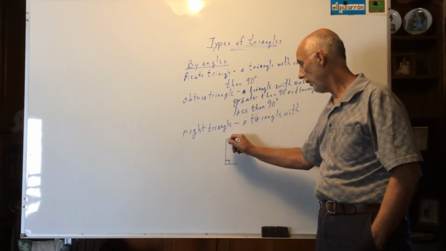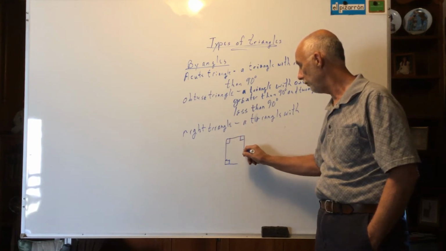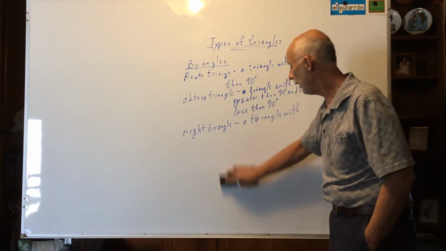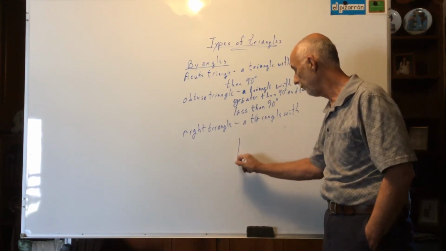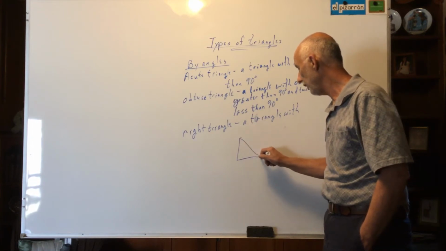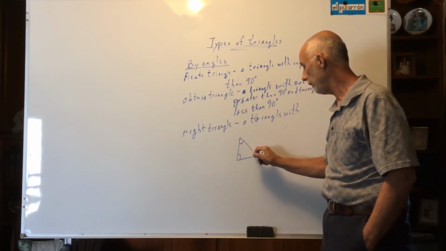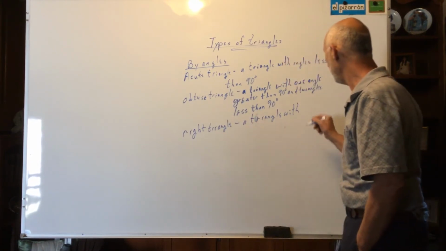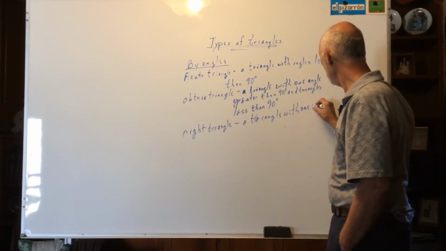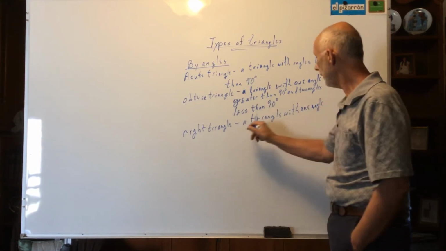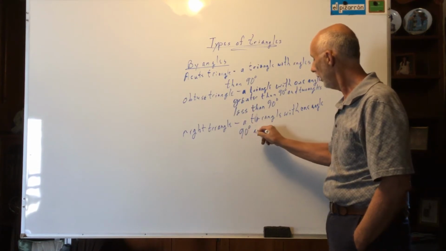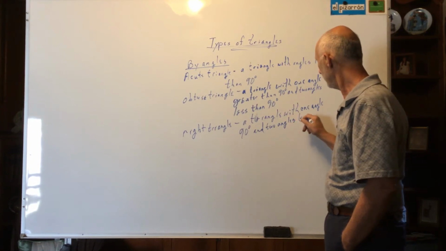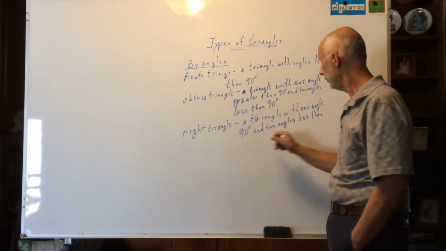No. If I continued it out, it would be a quadrilateral maybe, but it would not be a triangle. So if I have one right angle and I connect and make it a triangle, the other two angles have to be less than 90. So it's like the obtuse one, except now it's a triangle with one angle 90 degrees and two angles less than 90 degrees.